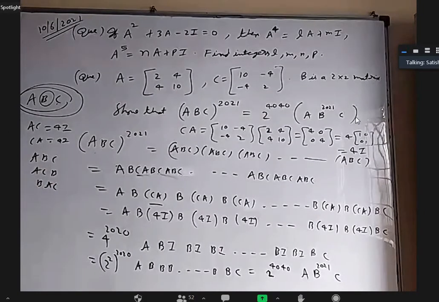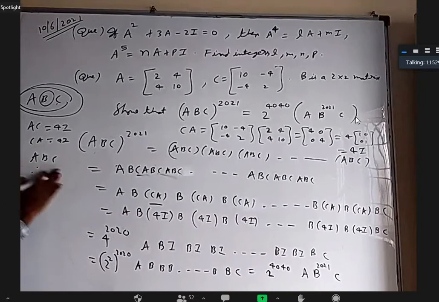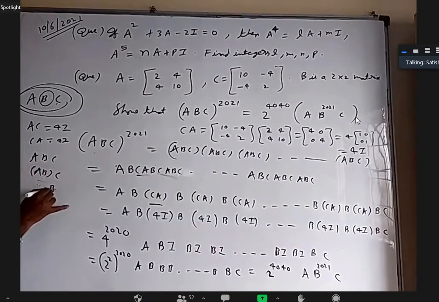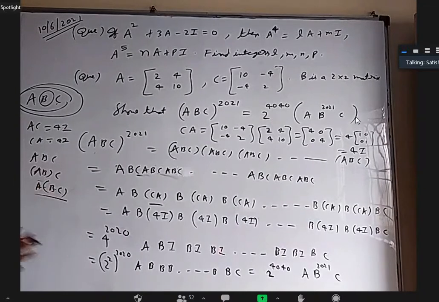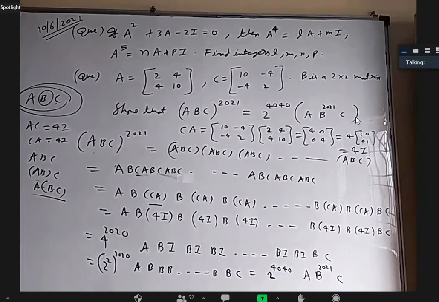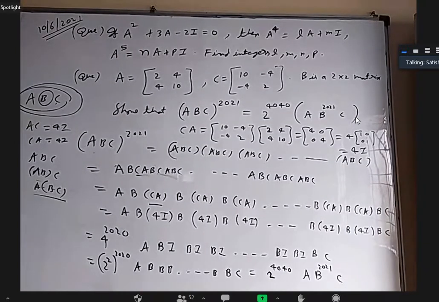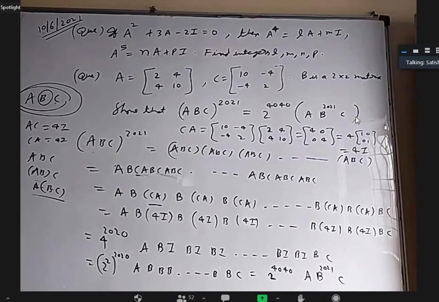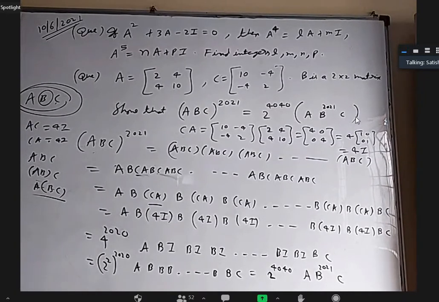You cannot change the order. Okay. Associative law only tells you can write AB first and this C on the right side or BC first, A on the left side, but we don't have any other. Okay, sir. Yeah. So sometimes it's quite possible that we may get the answer, but our solution may not be fully correct.